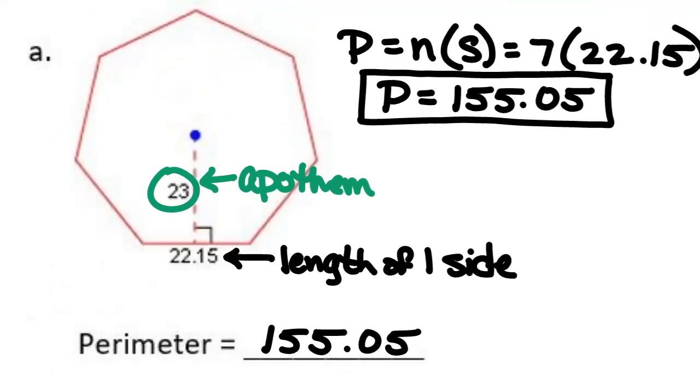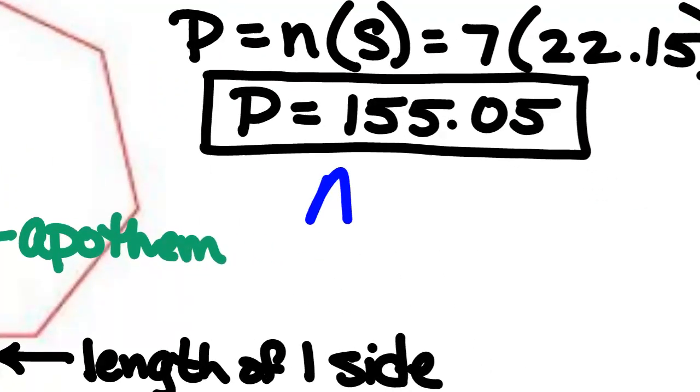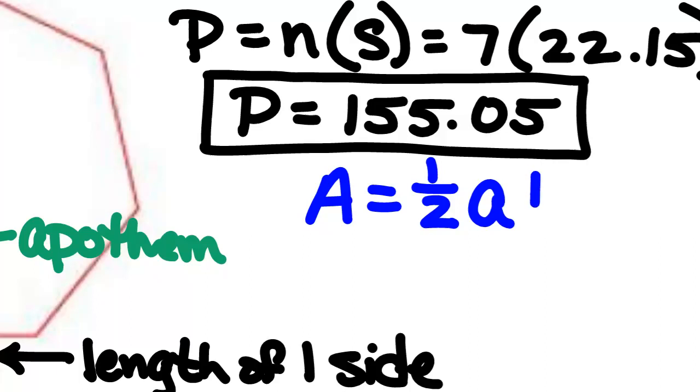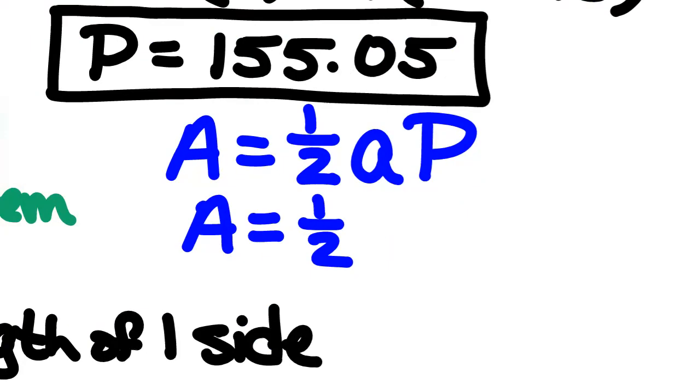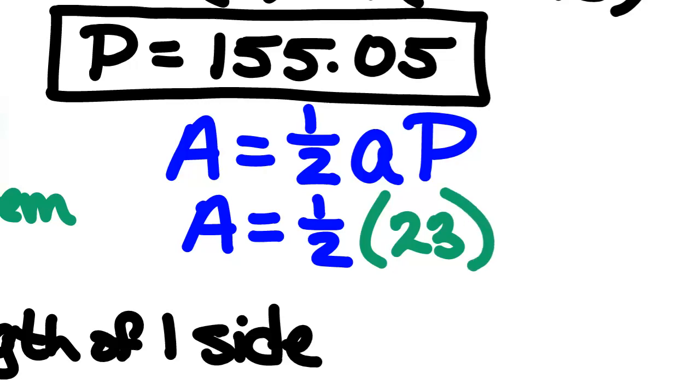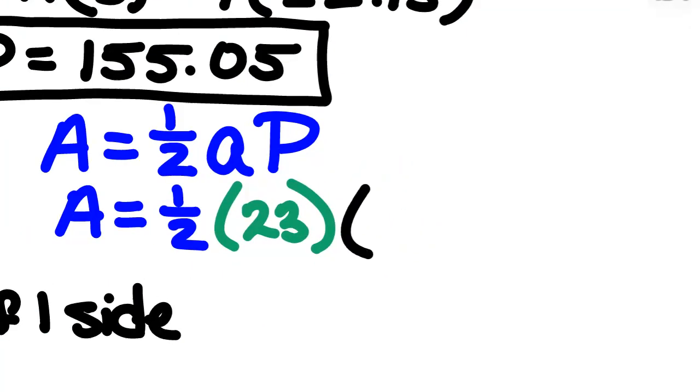And then the area for a regular polygon, this is a regular polygon, is 1/2 times the apothem times the perimeter. So I have 1/2, and then the apothem here was a length of 23, and the perimeter that we just found was 155.05.